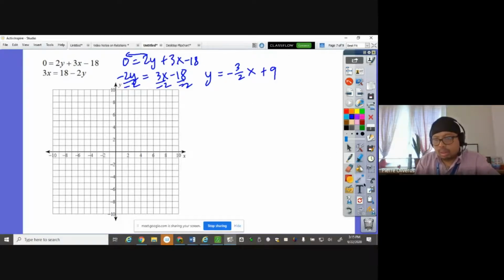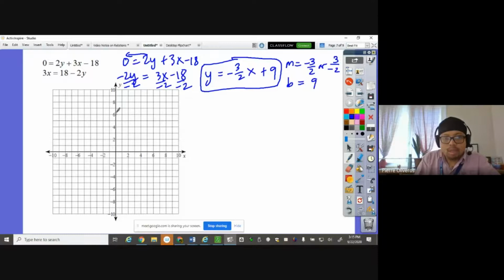Because this one here is negative 2, negative 18 divided by negative 2 is positive 9. So that is my slope-intercept form here. My slope here is negative 3 halves, or 3 divided by negative 2. The y-intercept there is 9. So I'm going to start at 9 here.